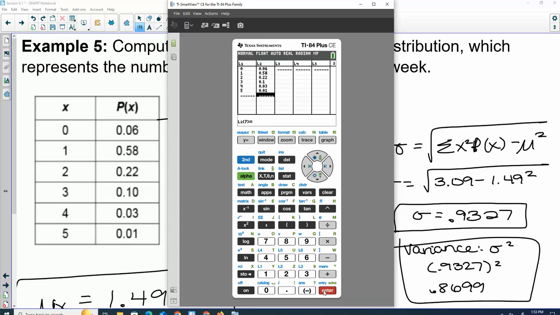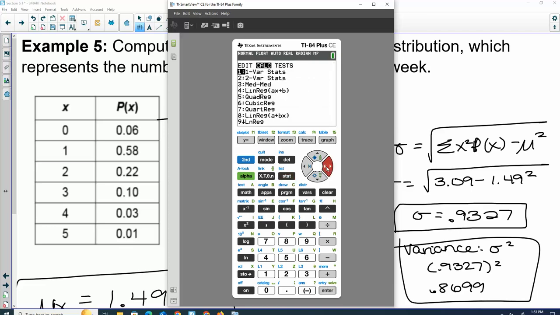Everybody have that entered? Now we are going to go to stat, calculate, one variable statistics, but we're going to change something. My list is L1, those are my values. My probability is like the weight of it, so our frequency list we need to set to L2. If you push second and the number 2, it'll set L2 as the frequency.